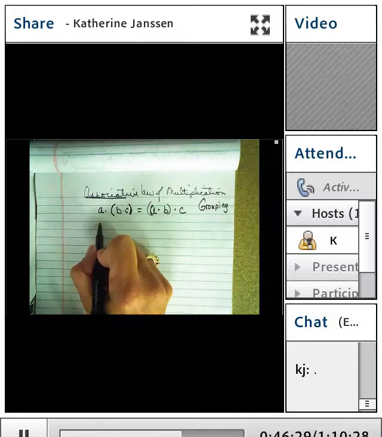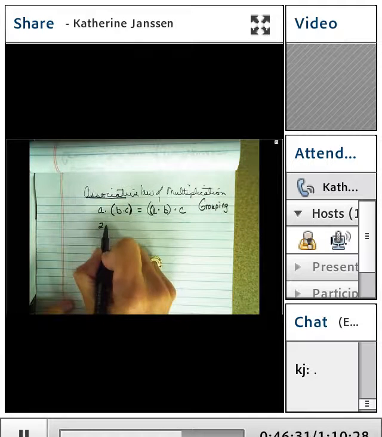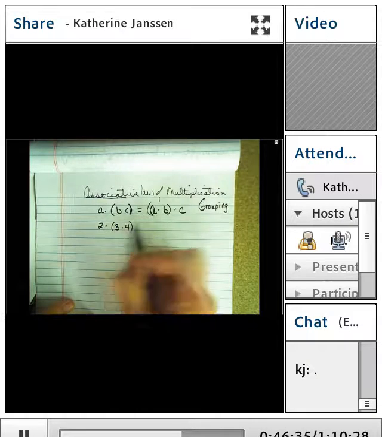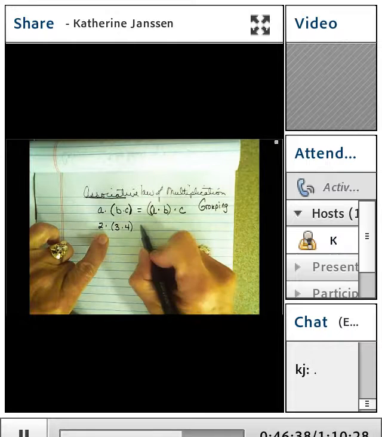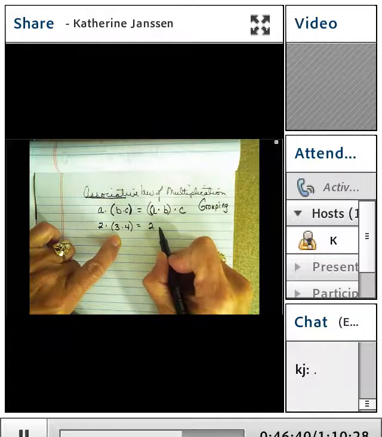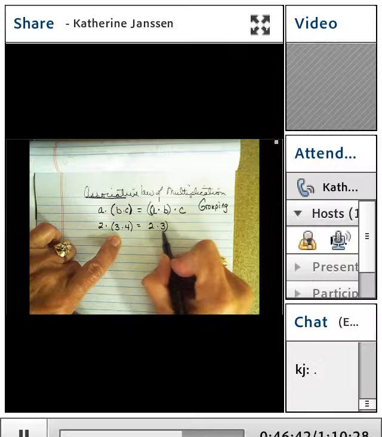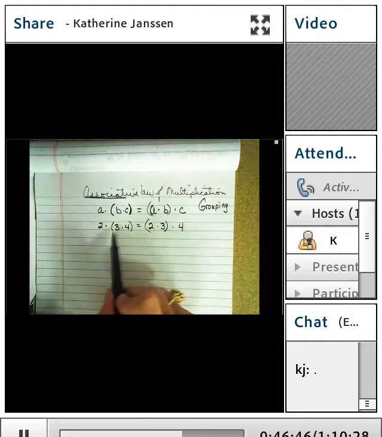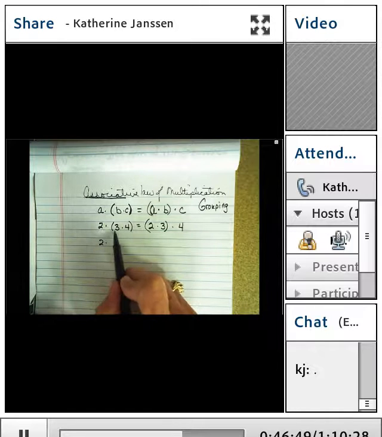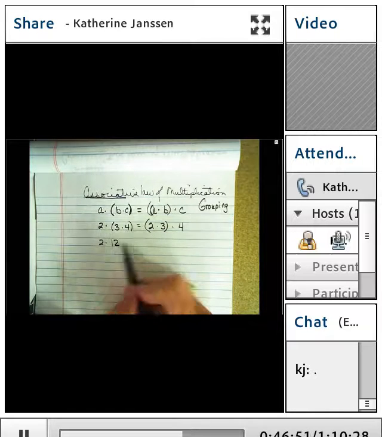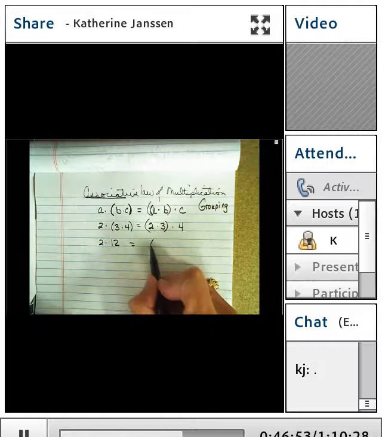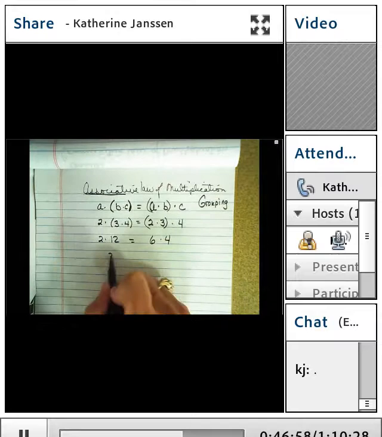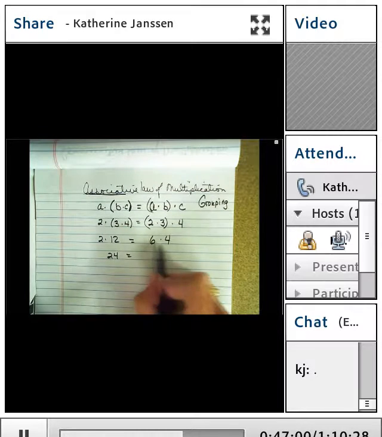Now, if we have A is 2 and B is 3 and C is 4, then I have 2 times 3 times 4 is 12. Here I have 2 times 3 is 6. What's left times 4? 2 times 12 is 24. 6 times 4 is 24.